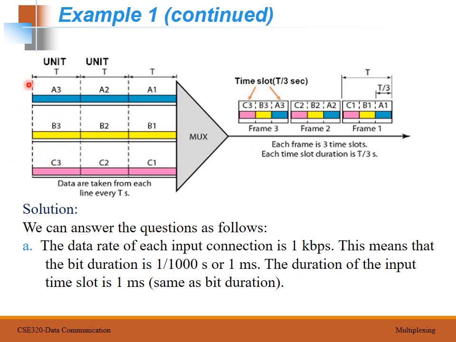So the duration will be the inverse of the bit rate. 1 kbps means 1000 bits per second, so the duration will be 1 divided by 1000, which equals 1 ms. So the duration of the input time slot is 1 ms.